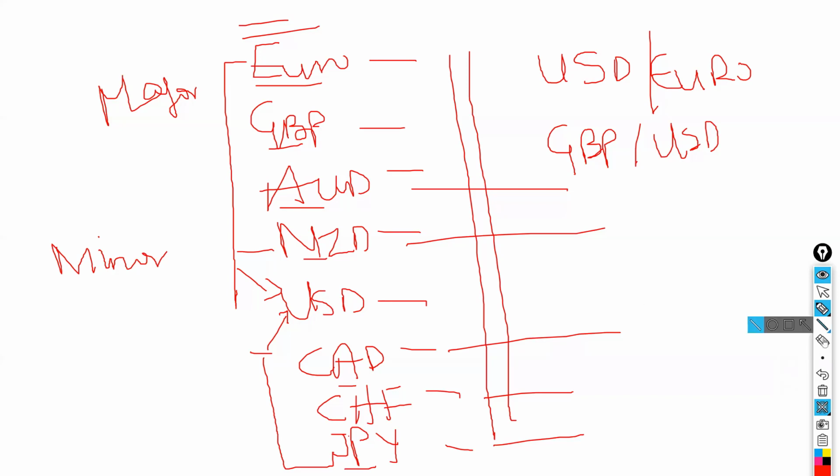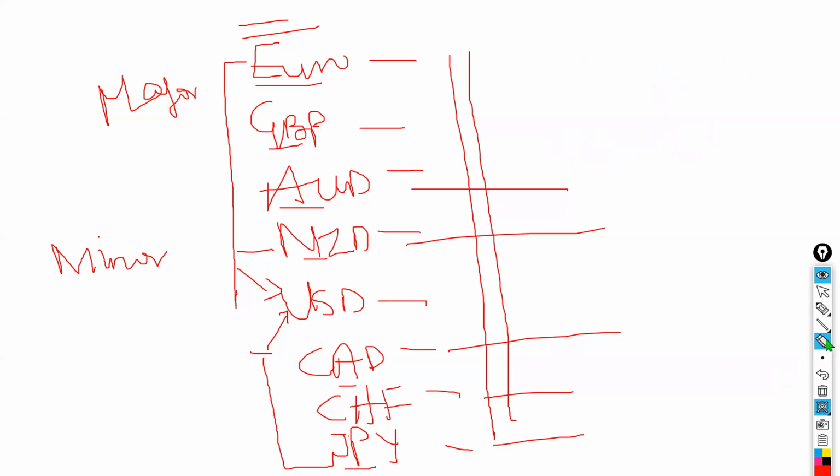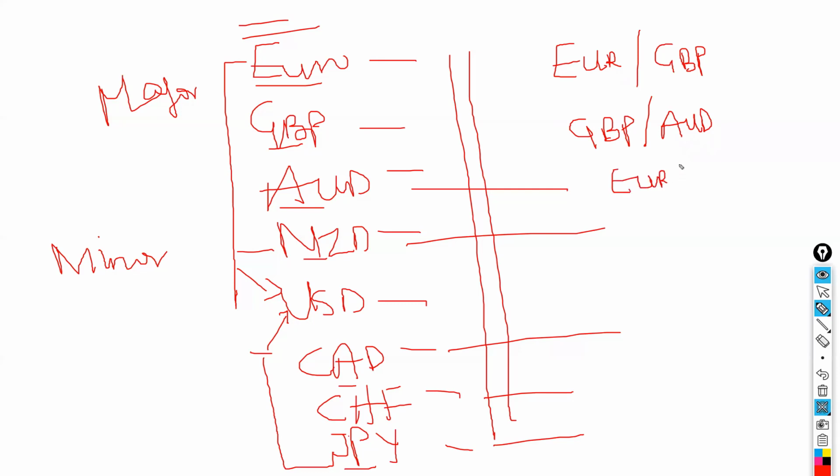Let's say for example we have the euro paired against the British pound sterling, the GBP against the AUD, the euro against the JPY.